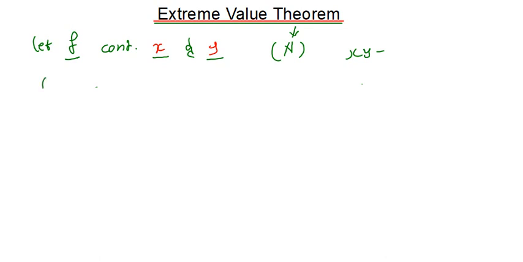containing some points, in this case I'm going to call those points x initial as well as y initial. Here I want to show you when you have a relative min as well as a relative max.